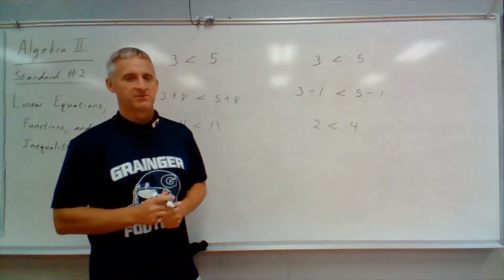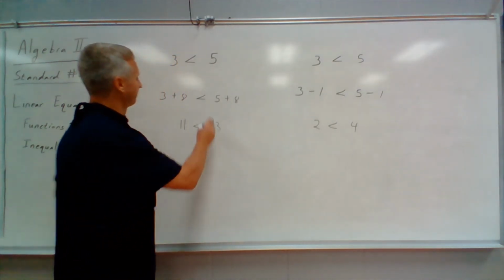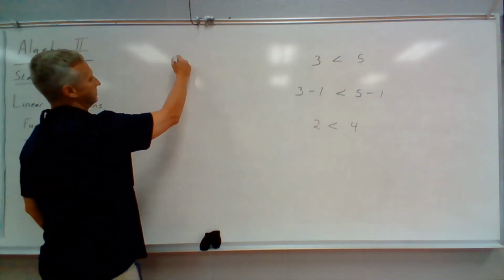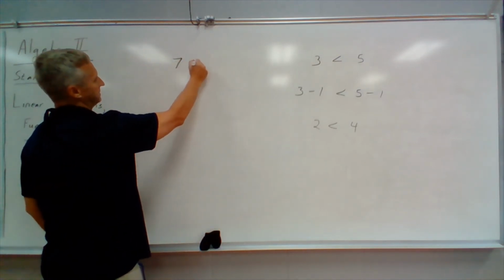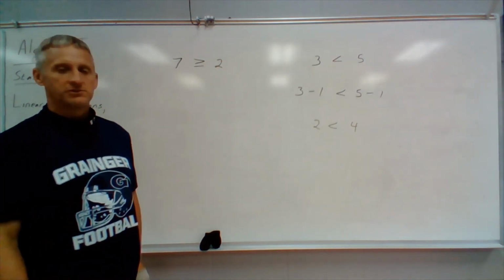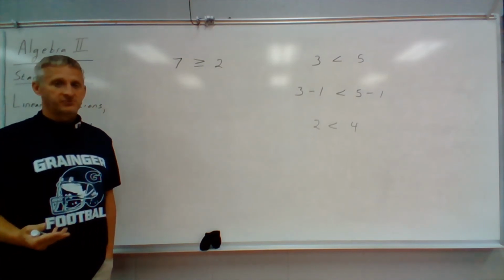Let's try greater than. 7 is definitely greater than or equal to 2. That's true. What if we add the same number to both sides? Will it still be true? So let's say 3.